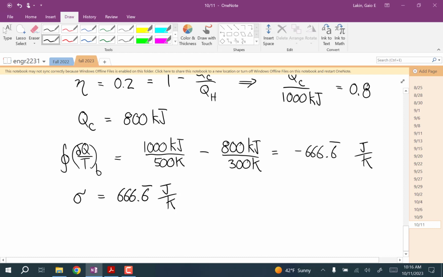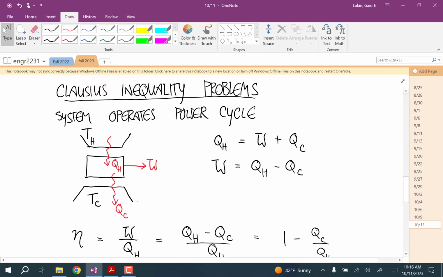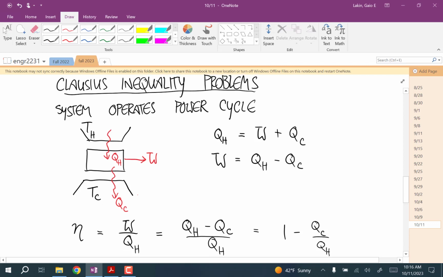So basically, the problems in the Clausius inequality stuff will have power cycles, refrigeration cycles, heat pump cycles. You're always going to use this kind of idea. You have the stuff that you know from the operation of those different cycles, this relationship between work, QH and QC.